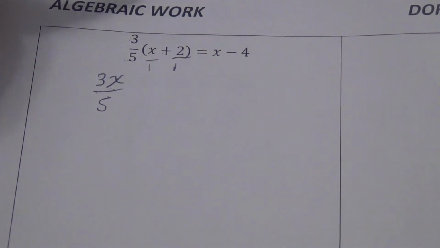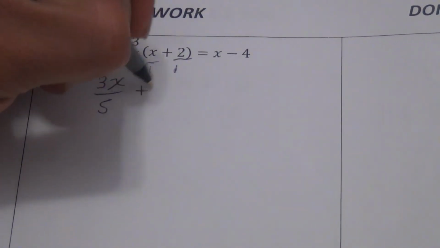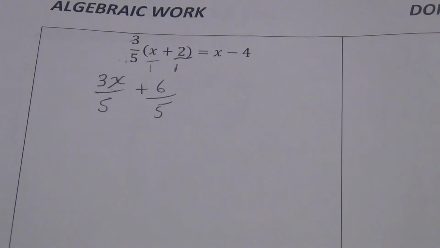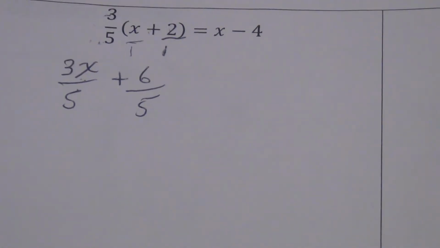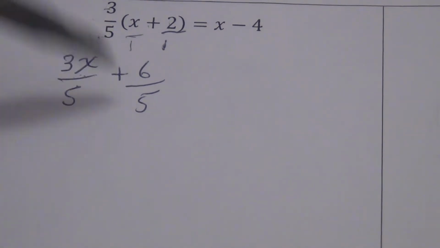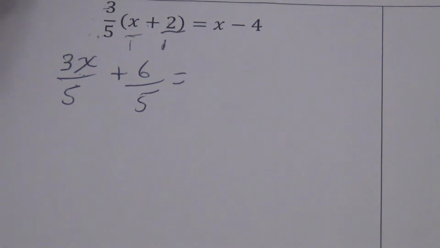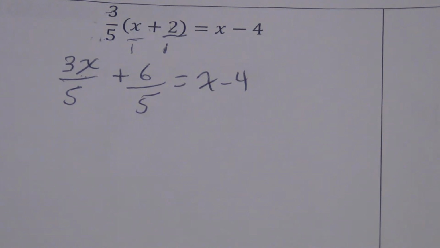So just in case you're confused, I would have just said 3 times 2 is 6 over 5. That's what I would have said, but it's okay. 6 over 5. And then on the other side, remember that nothing happened. Okay. Whew. So we're good.